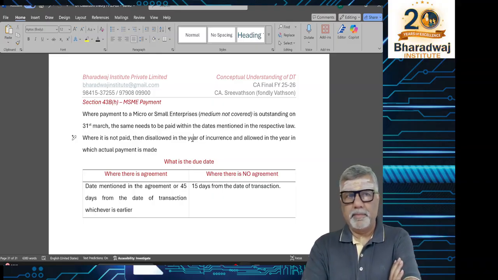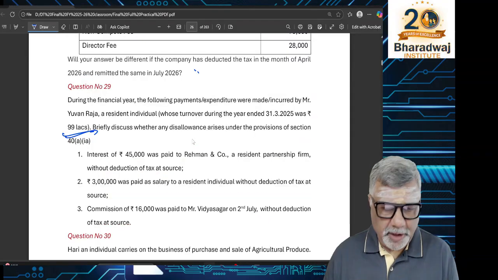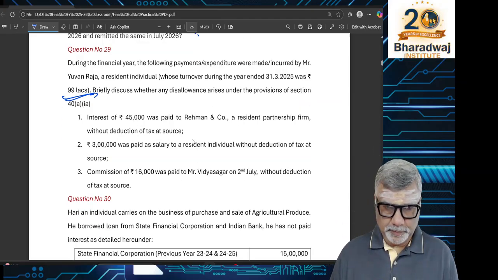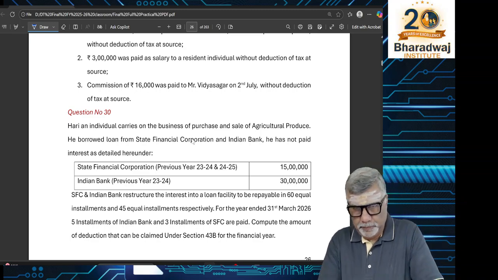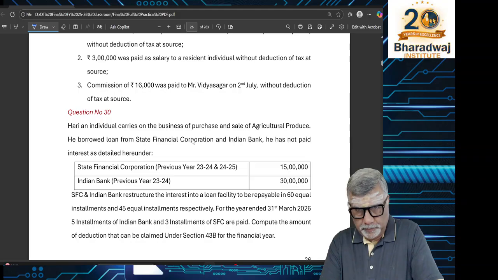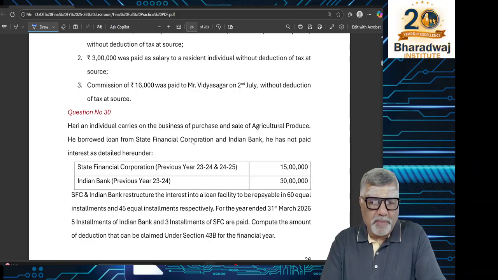Now, to your practical notebook, page number 26, question number 30. Hari, an individual, carries on the business of purchase and sale of agricultural produce. He borrowed a loan from State Financial Corporation and Indian Bank.